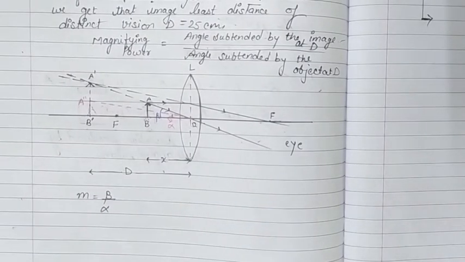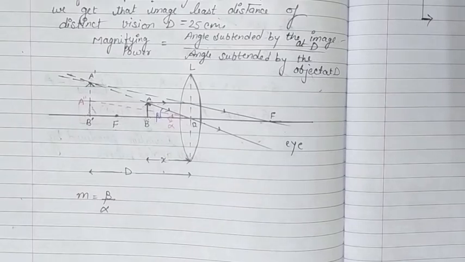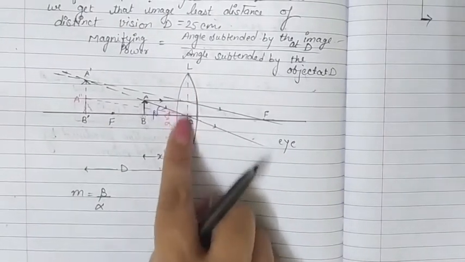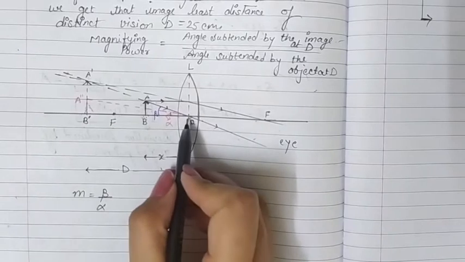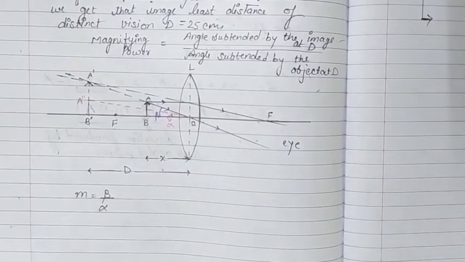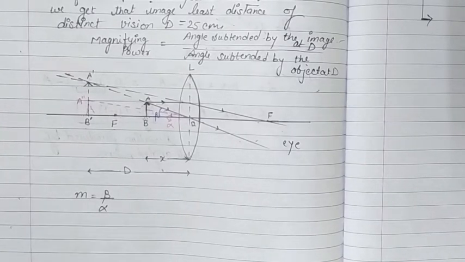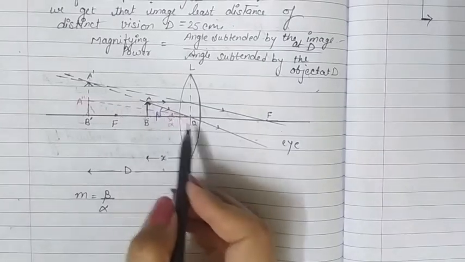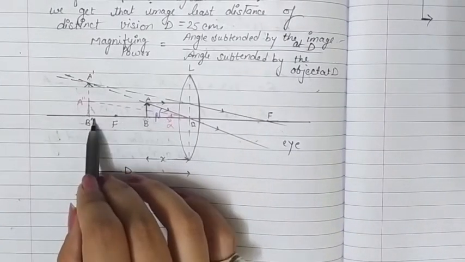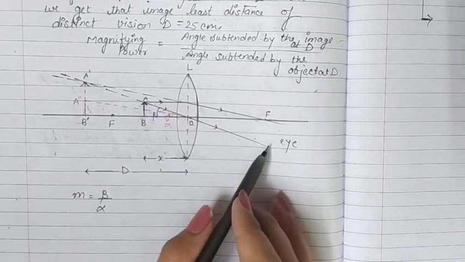Now we know that in case of a simple microscope, it only works when we hold it close to our eye. That means the eye is very close to this lens. So the angle subtended at the optical center and the angle subtended at the eye are the same. These are the same angles that are subtended by the object and the image at the eye from which we are observing.